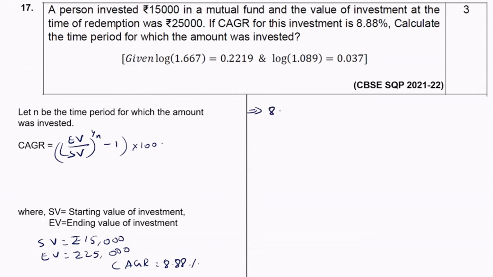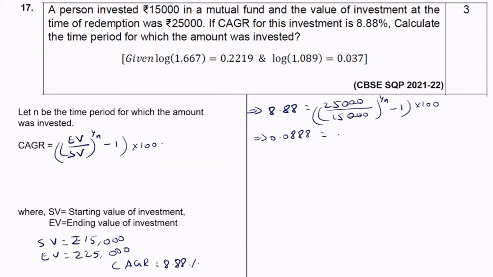So let us substitute all these in this formula and let us find n. This implies 8.88 equal to ending value is 25,000 upon starting value is 15,000 the whole raised to 1 by n minus 1 into 100. Or from this we have 0.0888. It is equal to this.